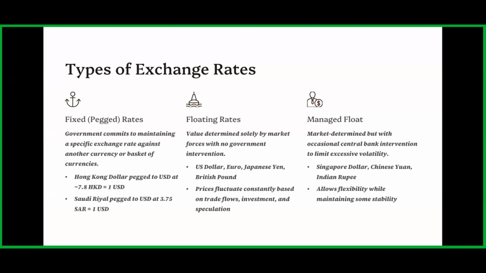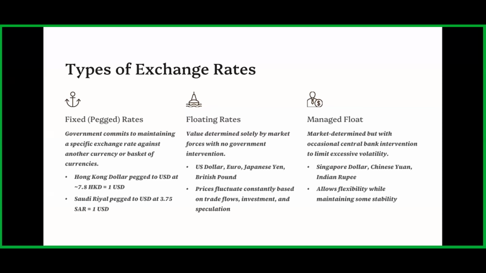So there is no control of any regulator or any country on the exchange rate. That exchange rate we call the floating rate. As per the market forces, the exchange rate is decided by the market itself, with no intervention by any third party. So we call that the floating exchange rate.